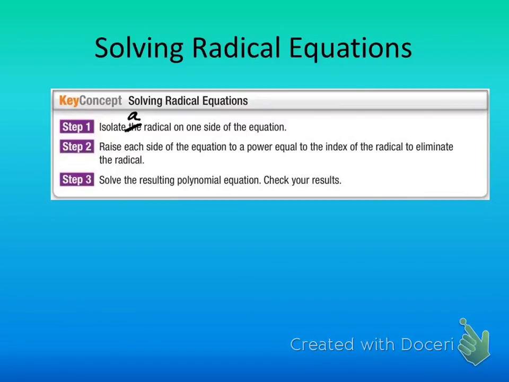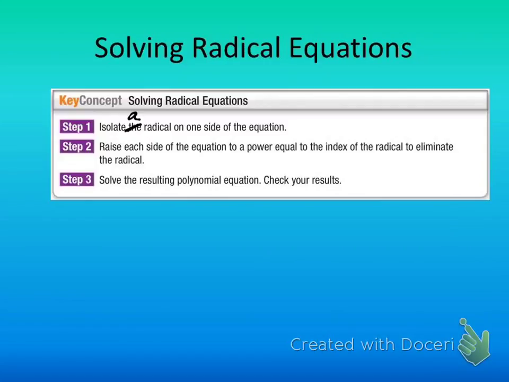Square powers cancel out square roots, right? You've heard those words, I'm sure. Cube powers cancel out cube roots. That's what you're doing there. Whatever your index is, you take both sides of your equation to that power to get rid of that radical.